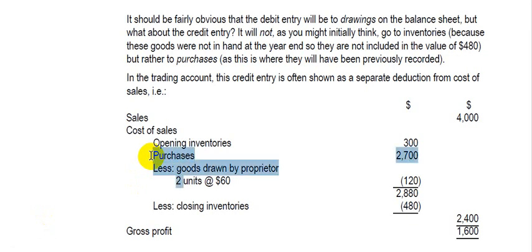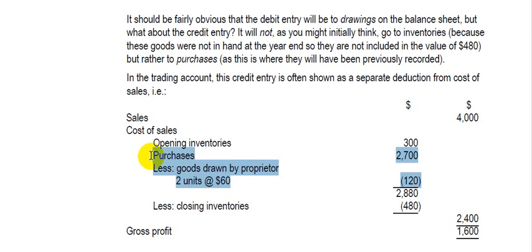That's when you subtract now the drawings. We drew 2 units. The cost of those 2 units was 60, so 2 times 60 gives us 120. We sum those to give us 2,880.